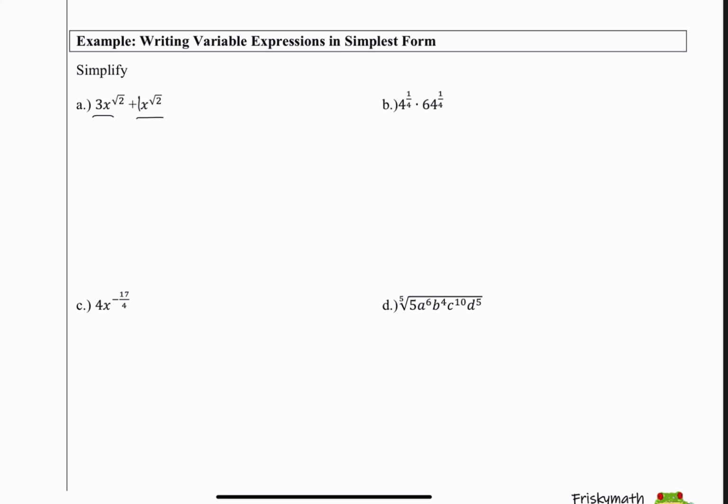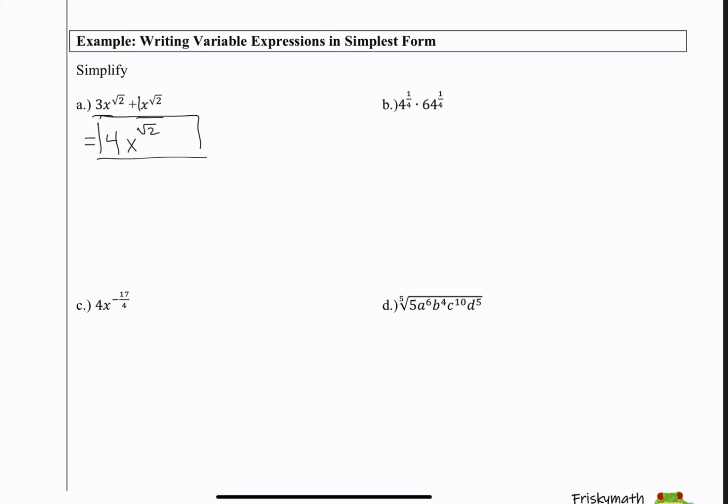So because you have like terms, all you're doing is combining those like terms. So you're adding those coefficients to get 4x to the square root of 2 power. That's all you can do. Those are tricky. But not really. You just got to recognize that you have like terms.